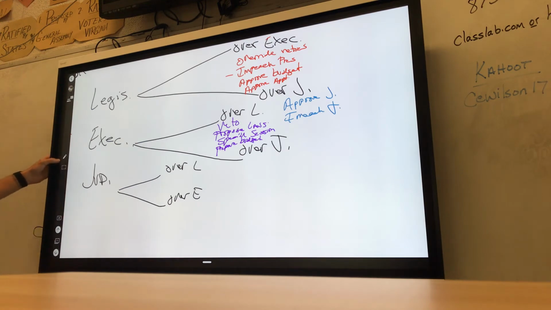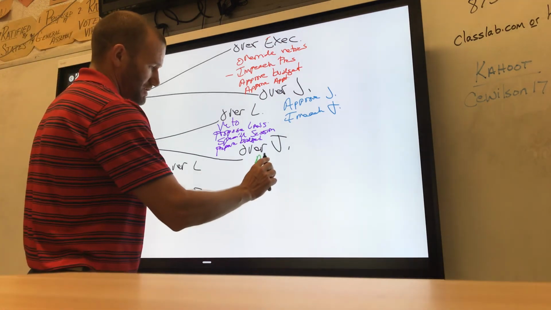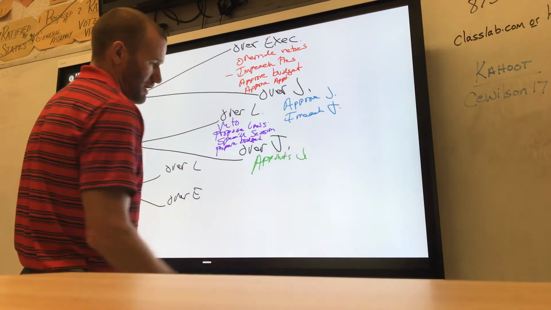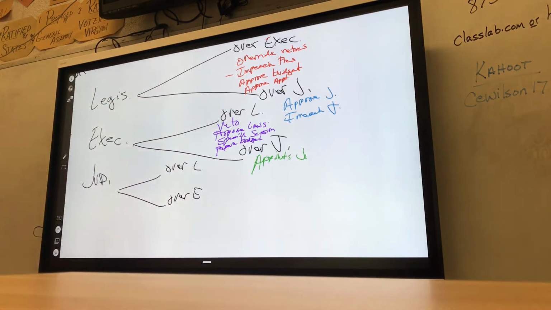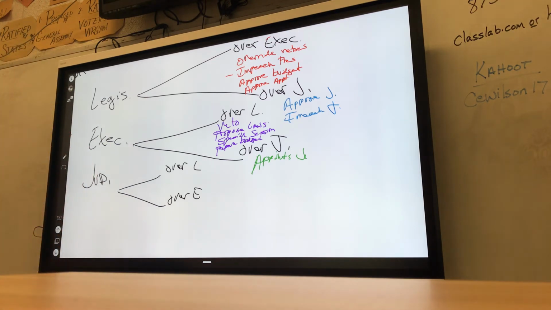What can the executive branch do over the judicial branch? Appoint federal judges, which means the president gets to pick the judges. What else? No, there's one more in your notes. You may remember, the president has the power to change a sentence or get somebody out of jail if he wants to.